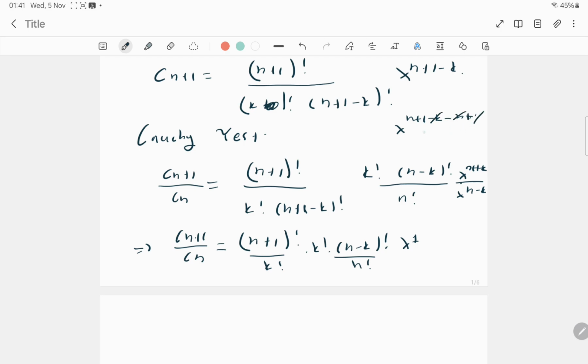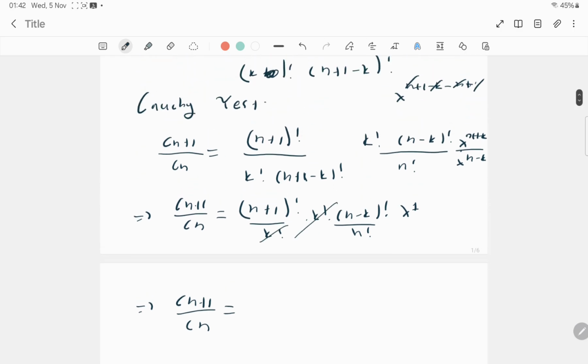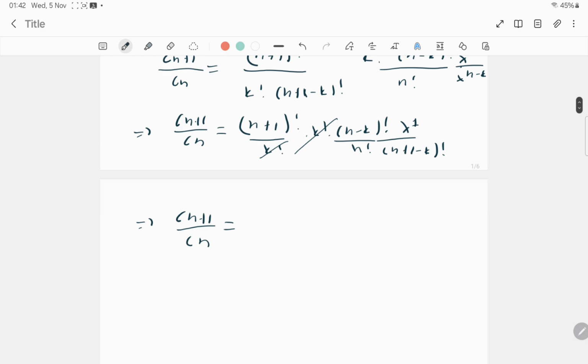So this will go away, this will go away, so it's x to the power of 1. And we can further proceed with the factorials. That one is going to simplify with that one. So here I missed the n plus 1 minus k factorial. So I will have n plus 1 factorial over n factorial times n minus k factorial over n plus 1 minus k factorial times x to the first power.